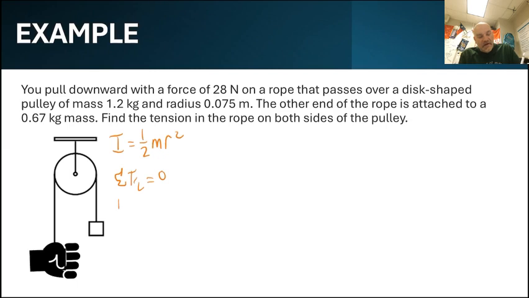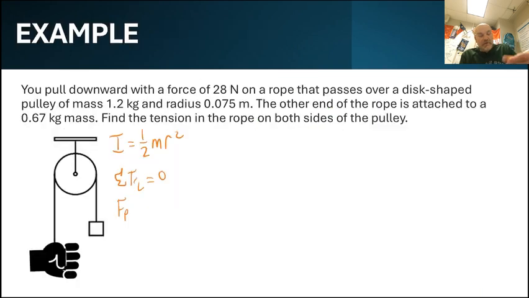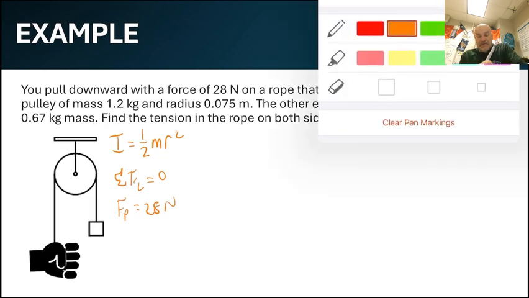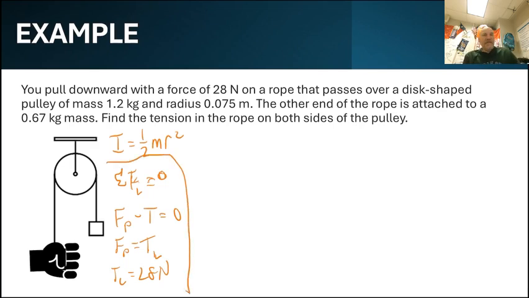So the pull minus the tension is equal to 0. So pull equals tension, and the tension on the left side is easy: 28 newtons. So I'm done with the left-hand side where the hand is.